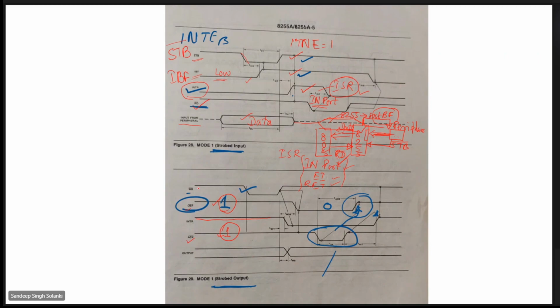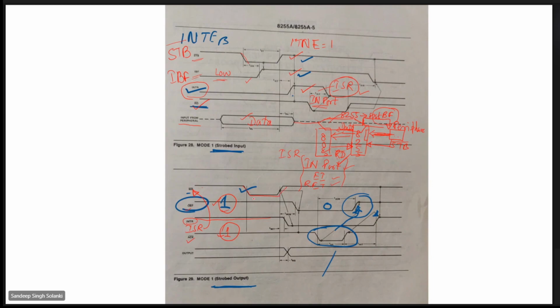So that is why with INTR, what you find? You find ISR. With the ISR, what you find? Write. And with that write, the write is going to be given this time.